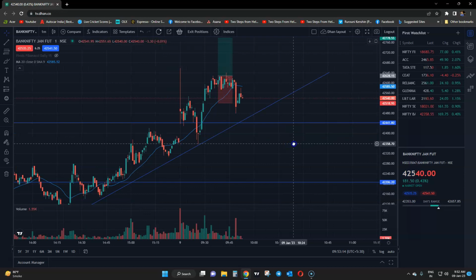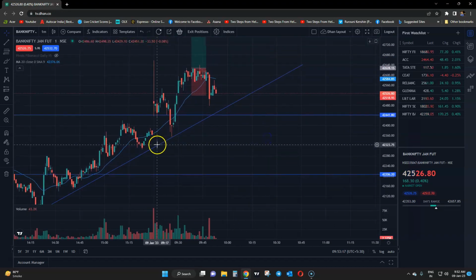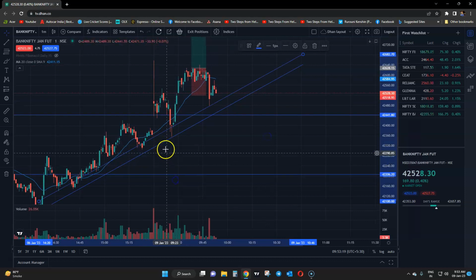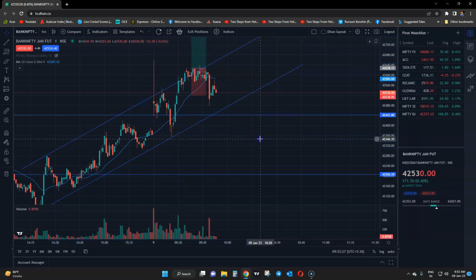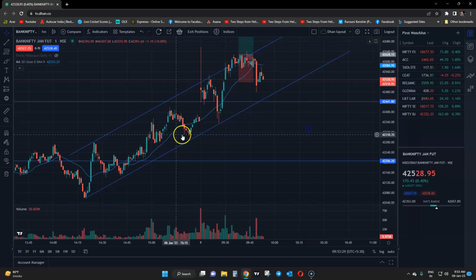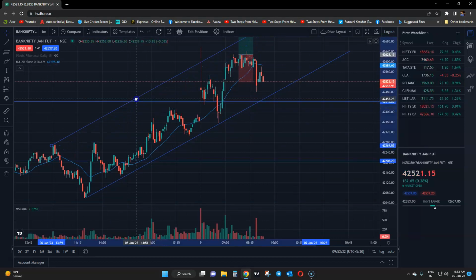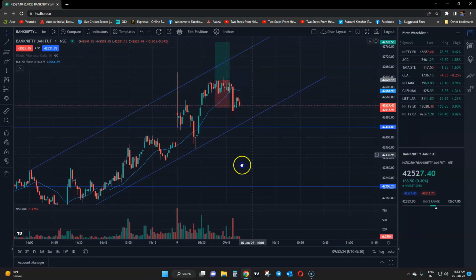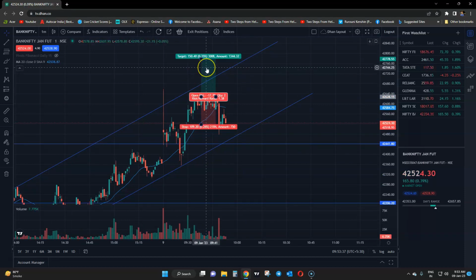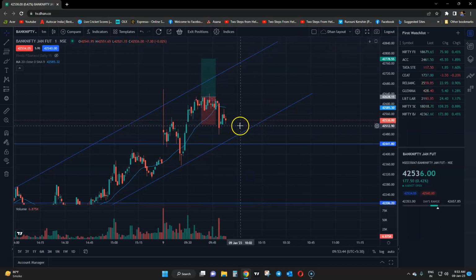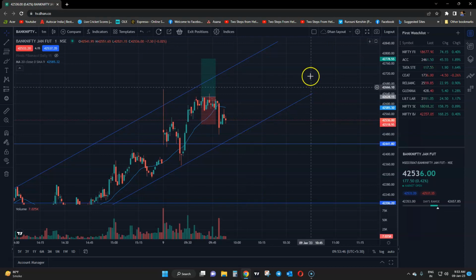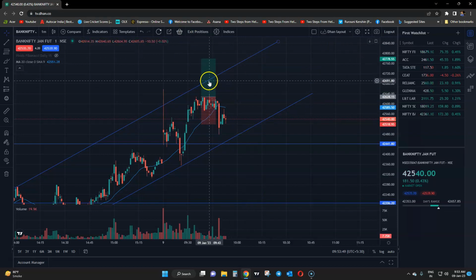See, the bull trend line is still active. And there you go. This is actually to the point of not being able to analyze what's happening right in front of you. Right, so we're just hovering above the stop loss that was earlier put.